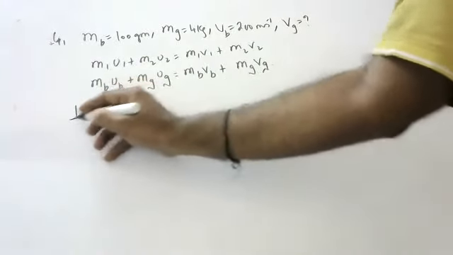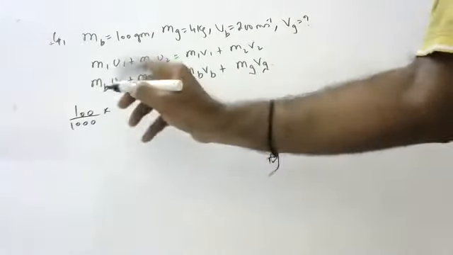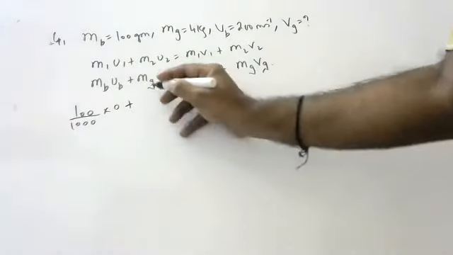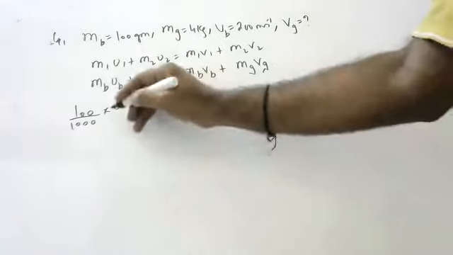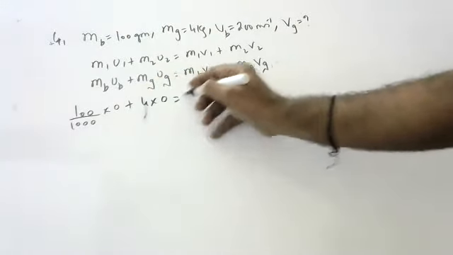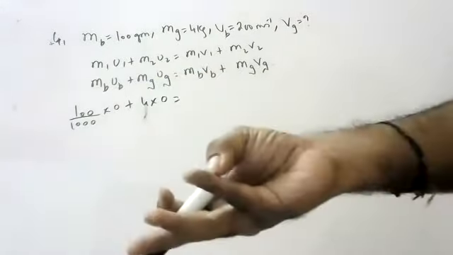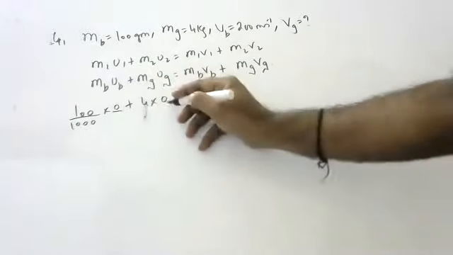100 by 1000 into 0 plus 4 into 0, because initially the bullet and gun are at rest. That's why taking 0.